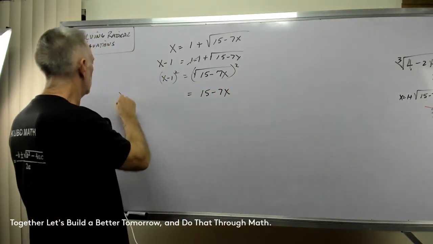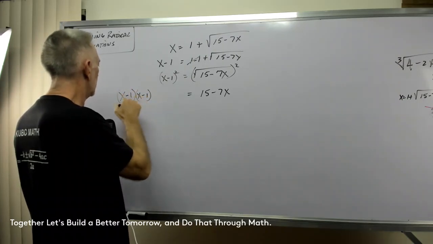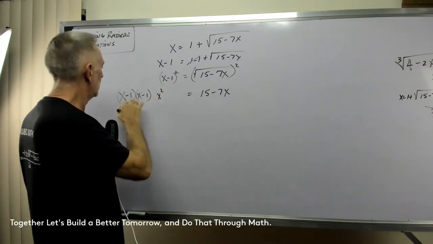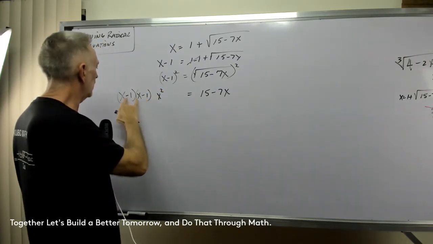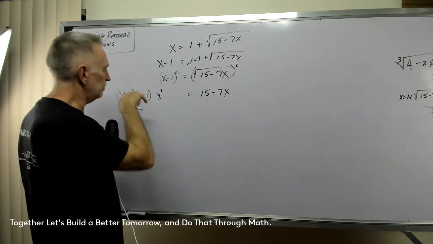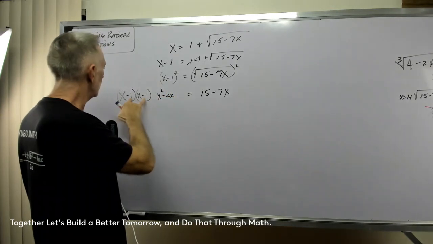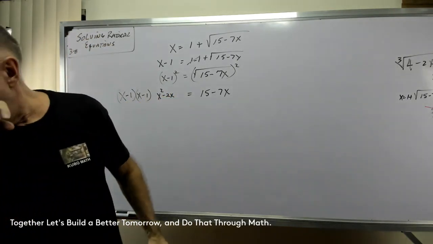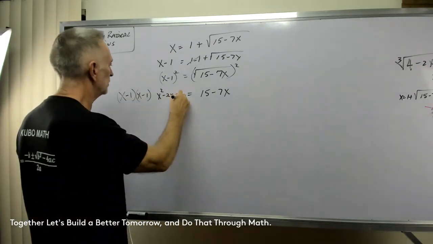This one, we can FOIL this. First times first gives us x squared. Outer times outer, negative 1x plus negative 1x gives me negative 2x. A negative 1 times negative 1 gives me a positive 1.